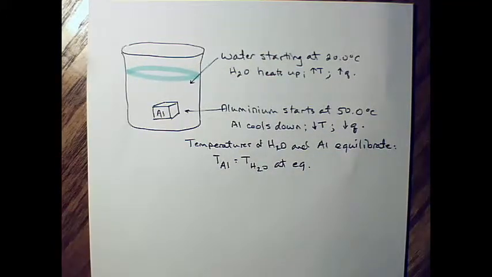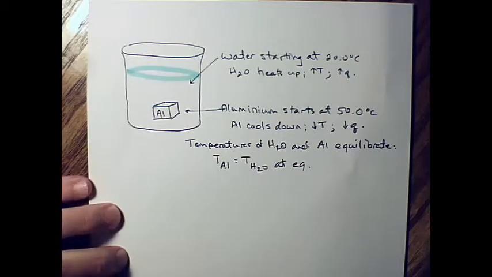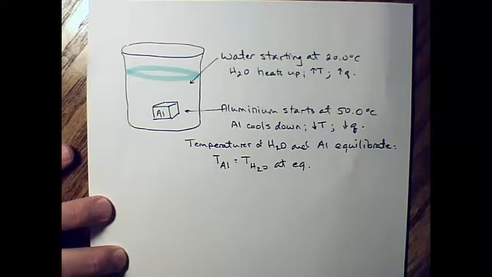Okay? So what equation do we need to show the heat gained by the water? What equation do we need to show how the heat change in the water increases? What equation did we use last time?